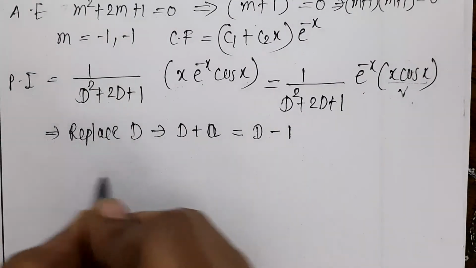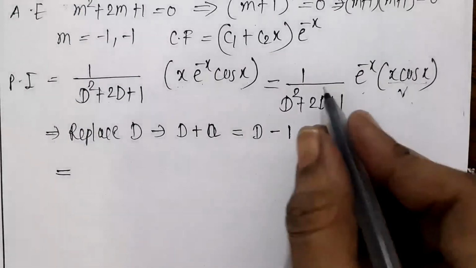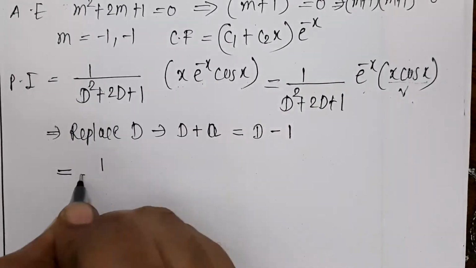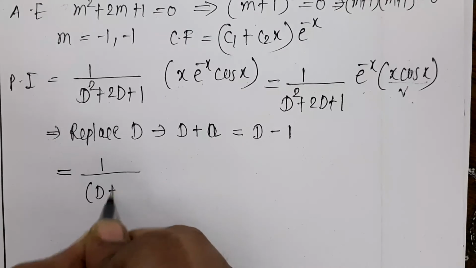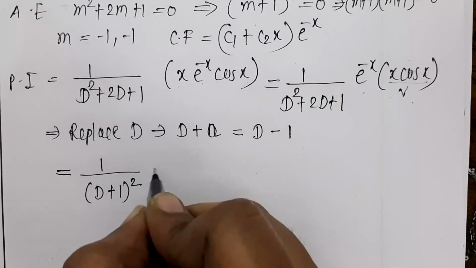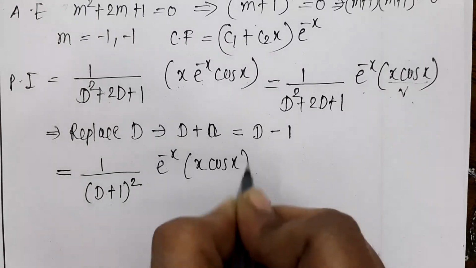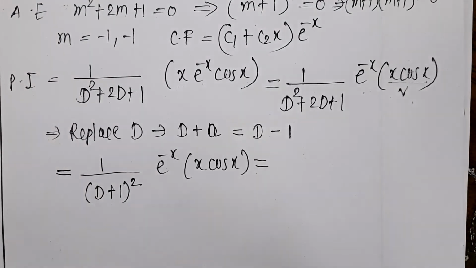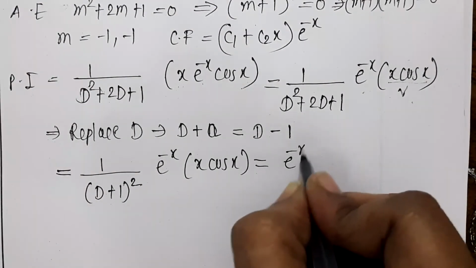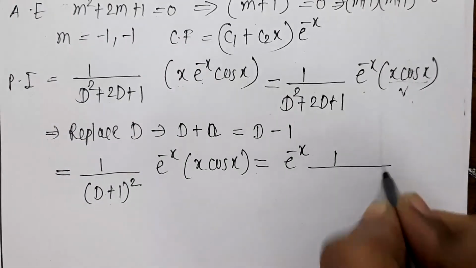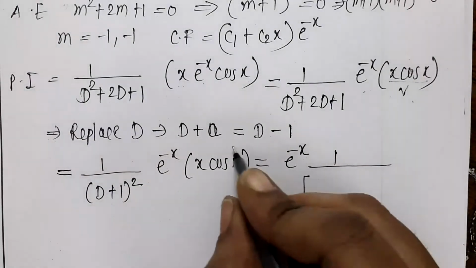So this is equal to, first we can write it as 1 upon (D plus 1) whole square multiplied by e to the power minus x into x cos x. For simplicity, we can write it like this. Now it is equal to e to the power minus x, 1 upon (D plus 1) whole square, replace D by D minus 1.